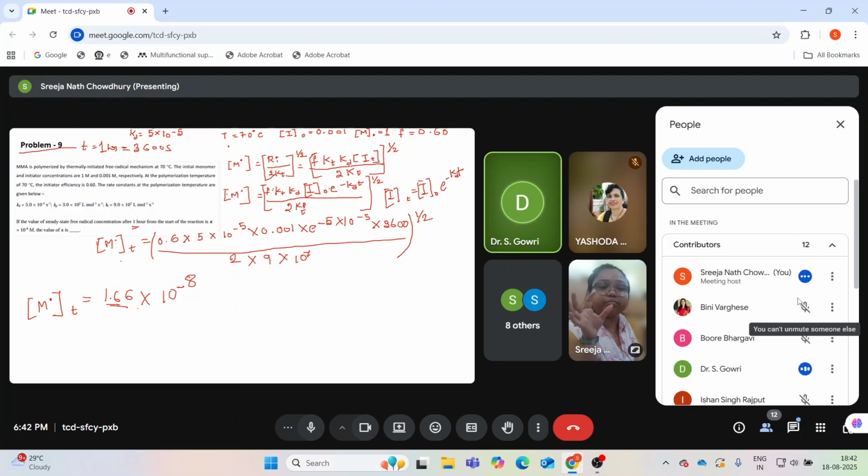So the formula is B equals 2 by 2 minus A. Here A is the fraction terminated by coupling, and B is the initiator fragments.